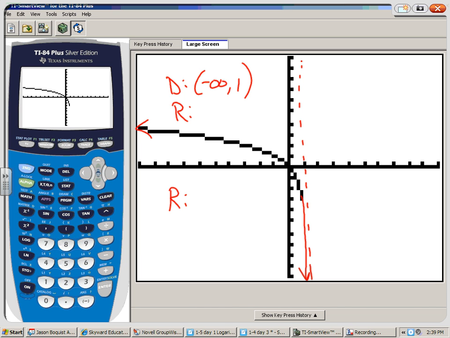And range. That's favorite. Yes. Negative infinity to infinity, because that's bottom to top. Any questions?